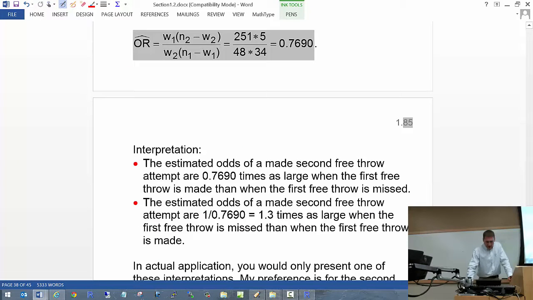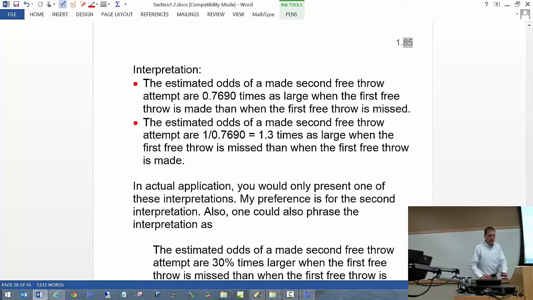We'll interpret that next. So on page 85 then, the interpretation: the estimated odds of a made second free throw attempt, remember, a success is a made second free throw, are about 0.77 times as large when the first free throw is made than when the first free throw is missed. Okay? Or alternatively, you can phrase it this way.